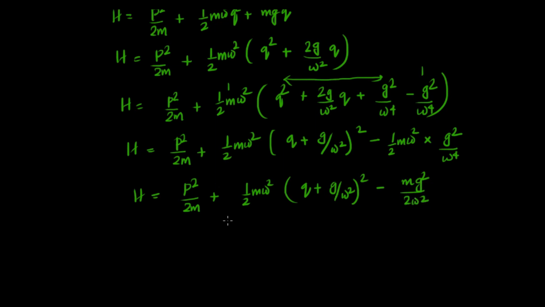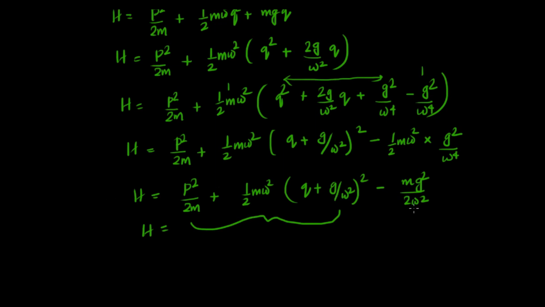So you can see that, let's say this is H, these two terms, p square by 2m plus half m omega square into this term, is just a shifted harmonic oscillator in the minus q direction. That's all. So it will have a normal energy like n plus 1 by 2 h cut omega if it is a quantum mechanical system, or in the other case n h cross omega.